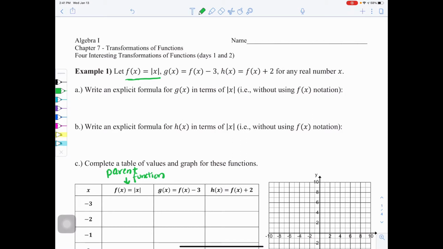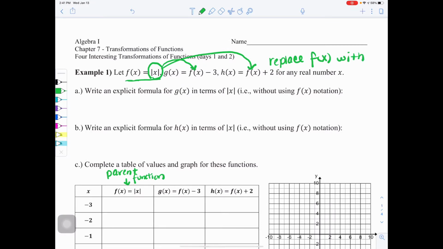So when you see g of x and h of x using that, this absolute value of x is going to go in this spot, and it's also going to go in this spot. So the idea here is that you replace f of x with whatever it's equal to. So in our situation, we're replacing it with the absolute value of x.